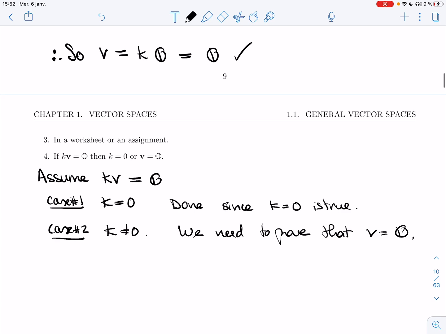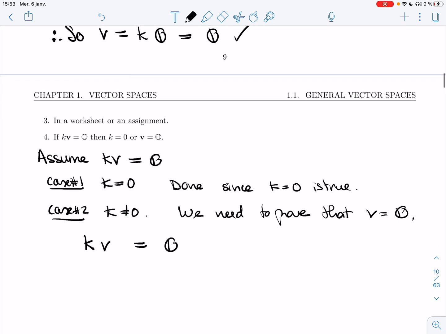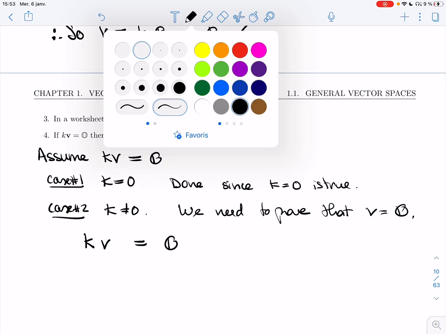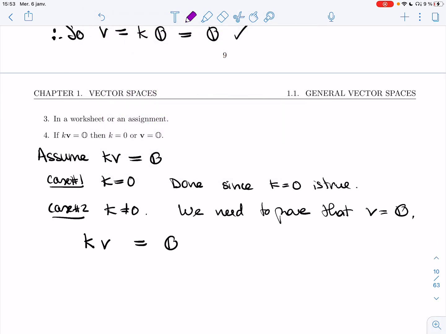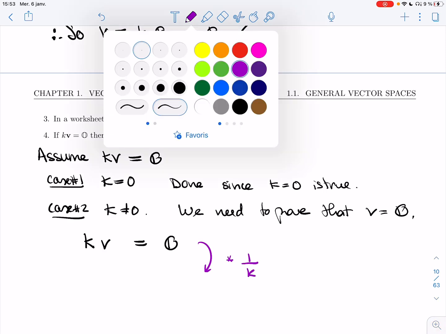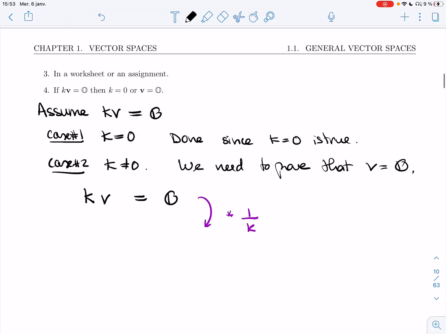So I'm going to start with k times v equals 0, and I want to cancel k. How do you cancel k? Well, if k is not 0, I'm going to be able to multiply by a real number. I'm going to be able to multiply by, you guessed it, 1 over k. So on this side, I'll get 1 over k times kv. On the other side, I'll get 1 over k times 0.